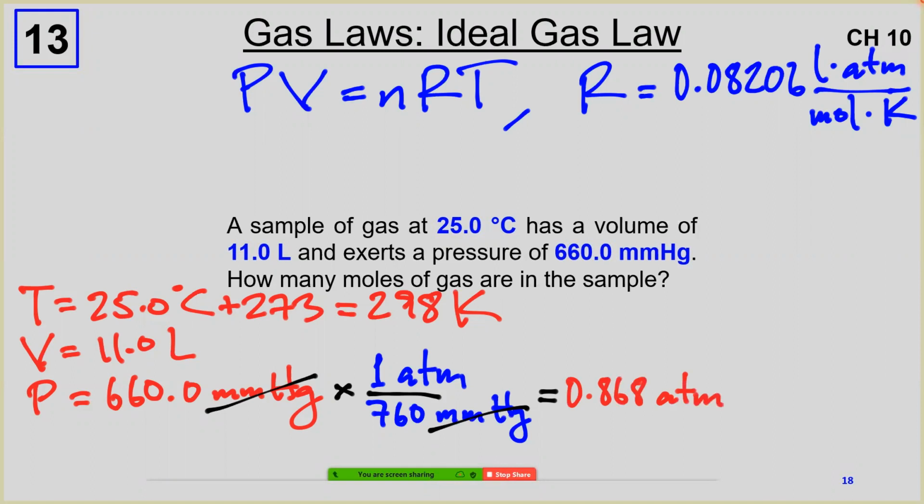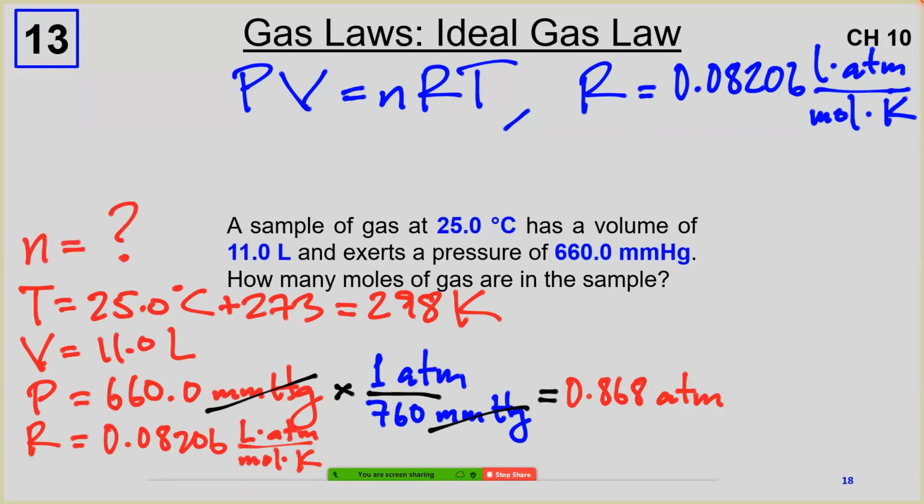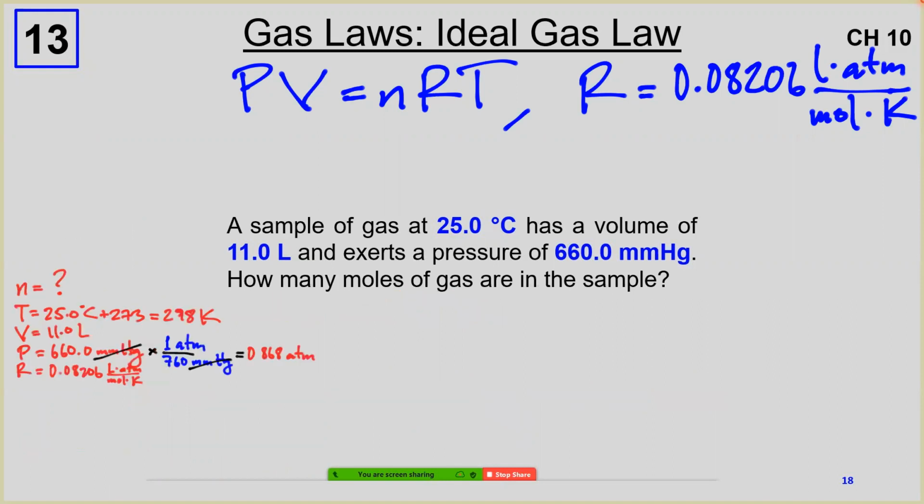And we're trying to find N. One other piece of information we want here is R, which is 0.08206. All right, so here's the ideal gas law equation.